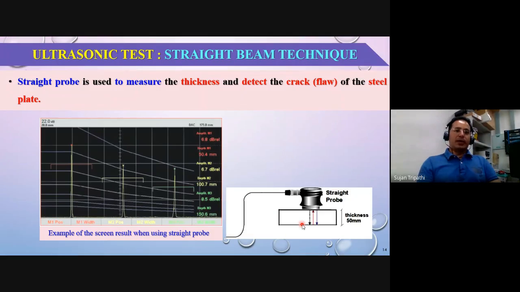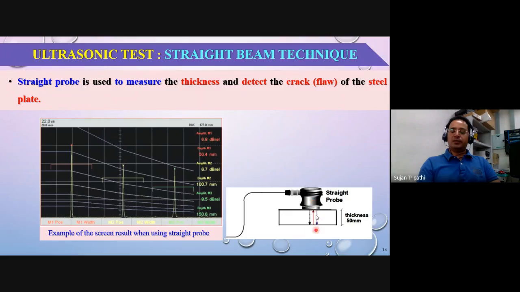Straight beam techniques are used to measure the thickness. Basically, it can also be used to measure the thickness, and it is also used to detect cracks which are parallel to the surface. Here you can see some graphs of how to measure the thickness. First, we put the probe on the surface of the plate, and then we start to send waves, and then the waves come back to the transducer again.